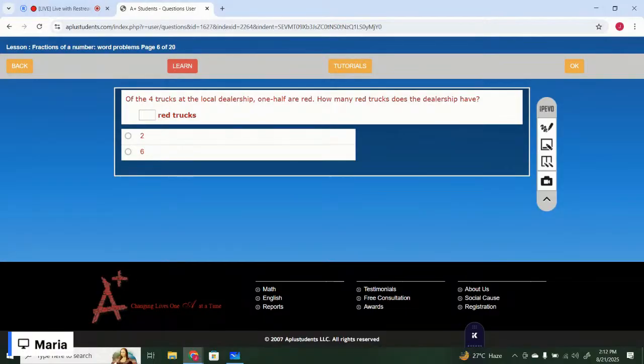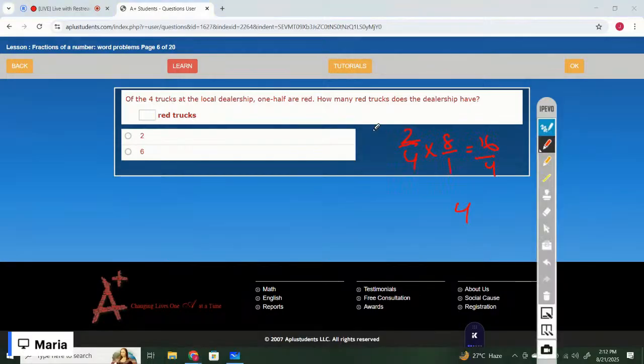Of the four trucks at the local dealership, one half are red. How many red trucks does the dealership have? So all the total trucks are four. Of four is four times one is four, over two. That is two times two is four. The correct option is two.